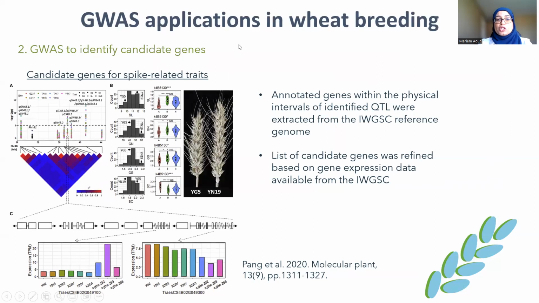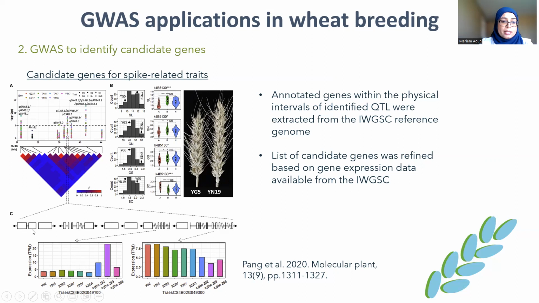Another way to use GWAS is to identify candidate genes. This is an example of how GWAS was used to identify candidate genes that are associated with spike-related traits. So here is a QTL on chromosome 4A, I believe, that was associated with the spike length, the grain number, and the grain setting.